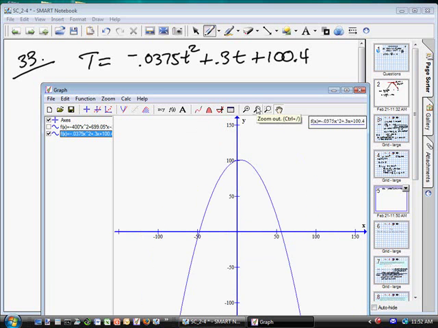Okay, should look something like that. Now, part B, where are we? 33B. Do the slopes of the tangent lines appear to be positive or negative?